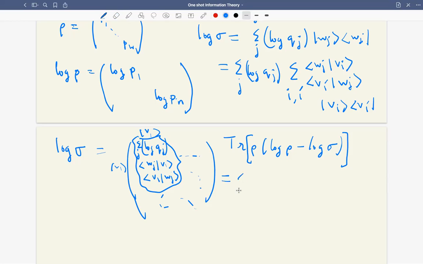So this is sum over i of pi, minus. So let's write pi, but then I have to write summation over j of log qj, the same expression that I wrote for the one entry, now for the ii element.